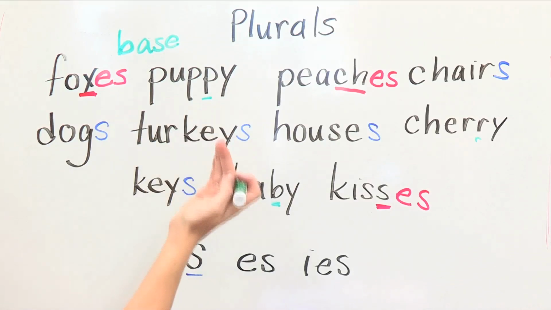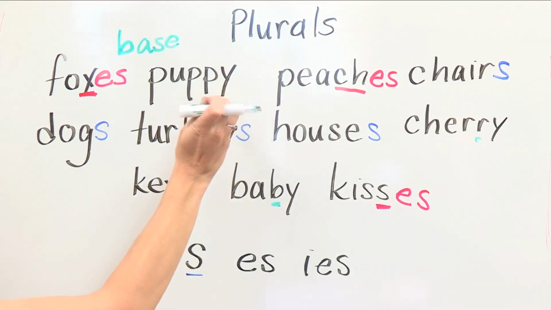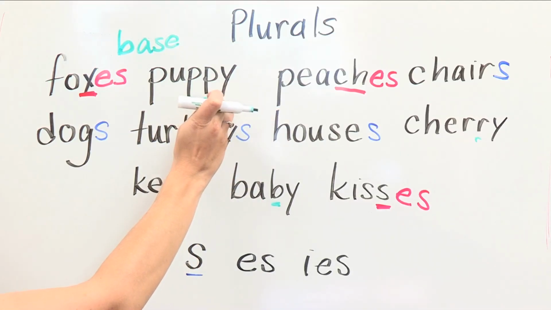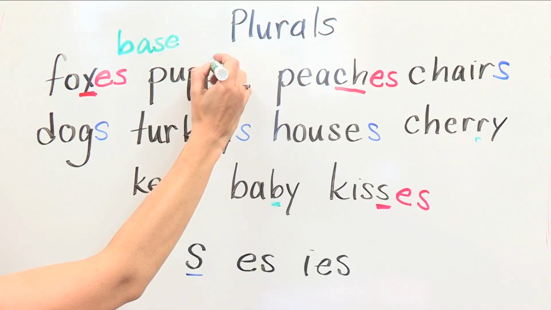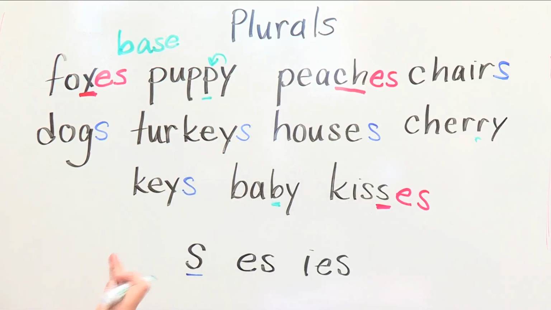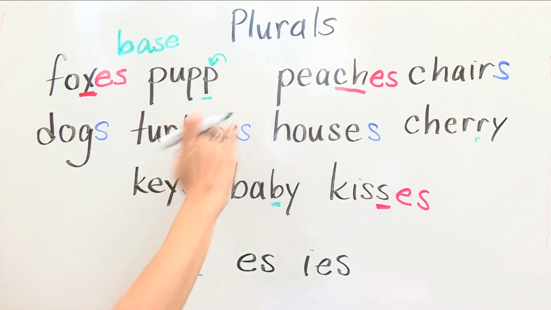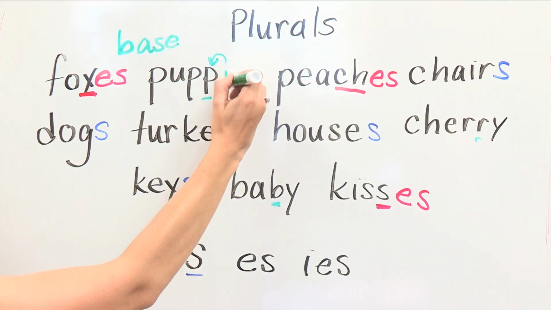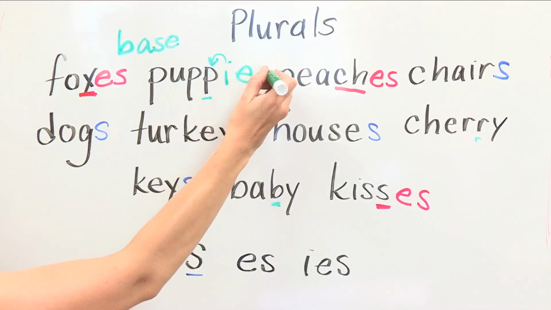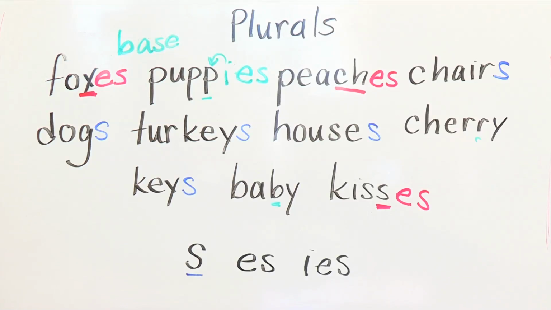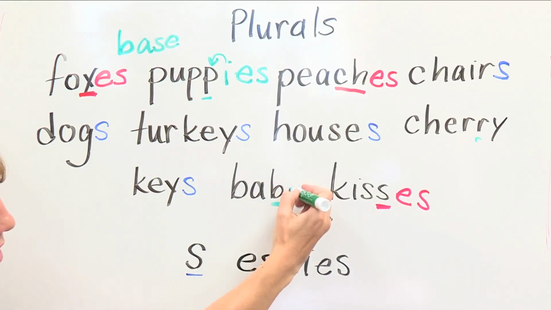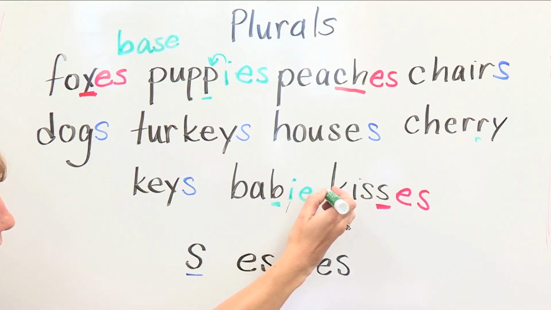Okay, so going back, we have puppy. Because it ends in a Y, with a long E sound, and there's a consonant right before that Y, I drop that Y, change it to I, and add ES. Going down to baby, it ends in a Y, and there's a consonant immediately before it, so I drop that Y, change it to I, and add ES.